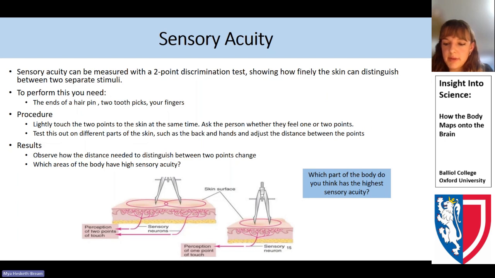Okay, we've got 71.43% fingers and 28.57% face. So that is very, very good. Both the fingers and the face do have a very high sensory acuity. Those who put fingers, that is correct. The fingers actually have the highest sensory acuity, but a close second is the face. So you're all right, really.